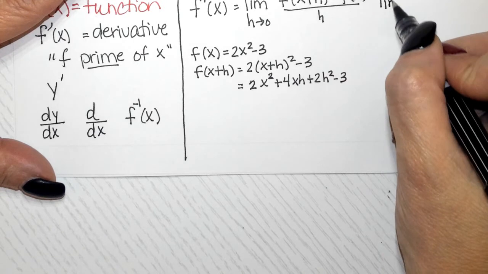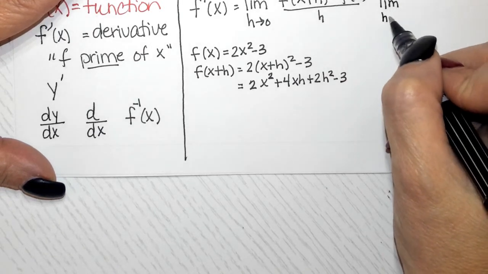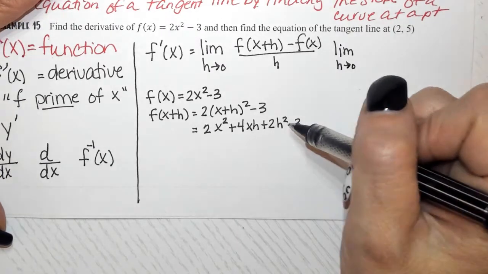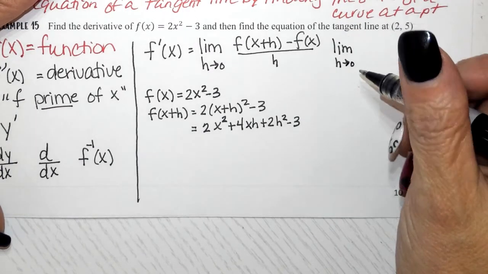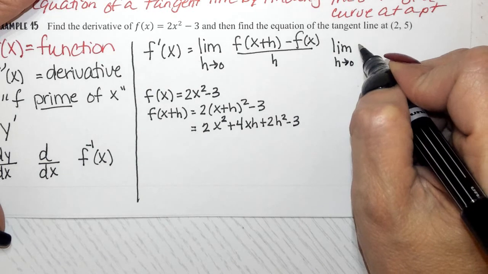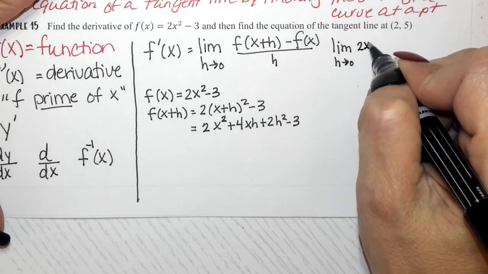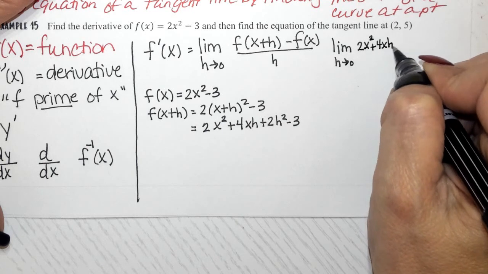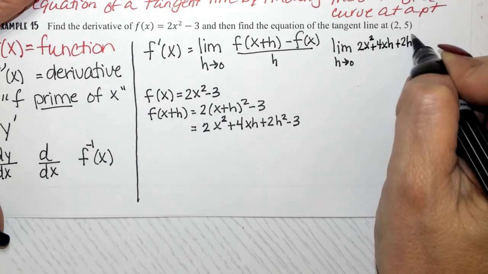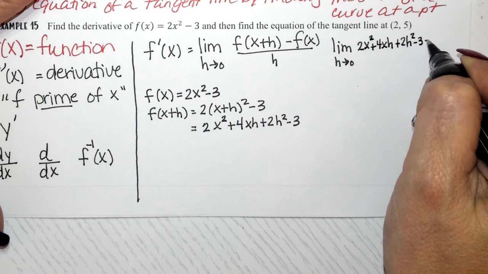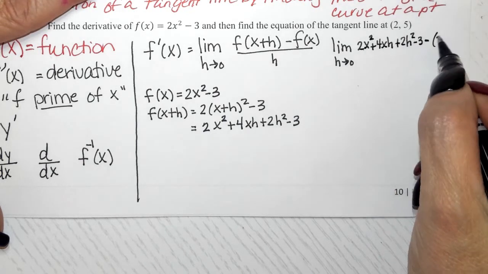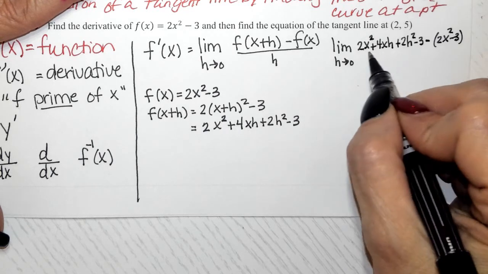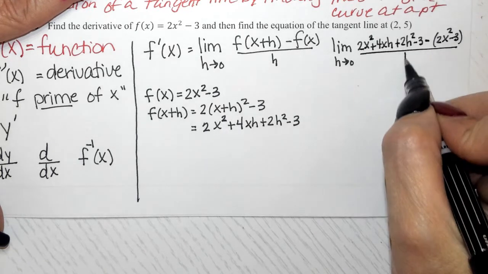We're going to take the limit as h approaches 0. So I'm going to take this one, and I did not leave myself enough room, but it's going to be 2x squared plus 4xh plus 2h squared minus 3 minus 2x squared minus 3 all over h.